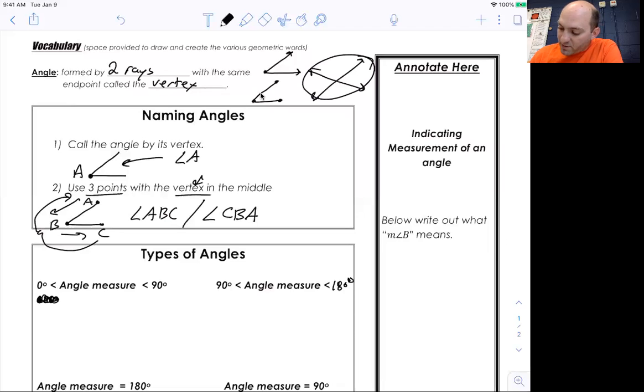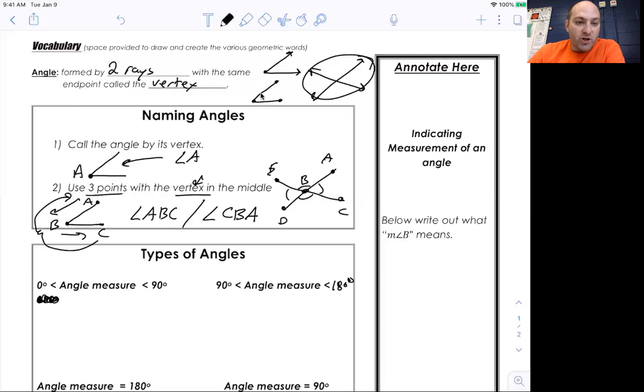If I form angles something like this, and I'm going to put B right there in the middle, okay, and I can put A, B, C, and let's go D and E. If I said angle B in this diagram, which angle am I talking about? There's 4 possibilities. I can go 1, I can go 2, I can go 3, I can go 4. There's 4 possibilities if all I said was angle B. So that's why in this scenario, I have to do 3 letters.